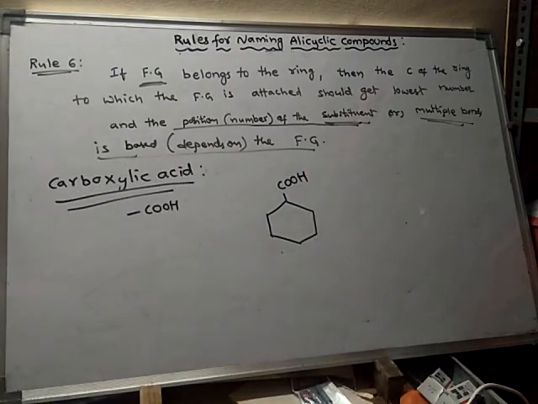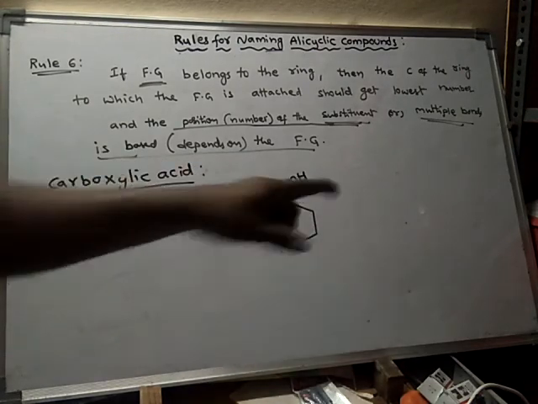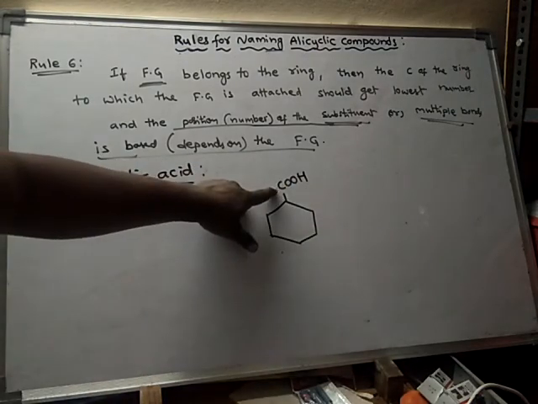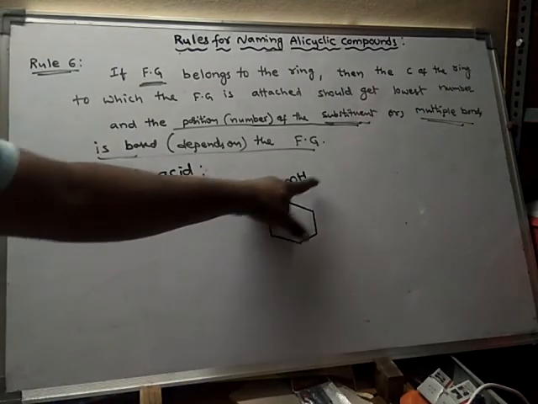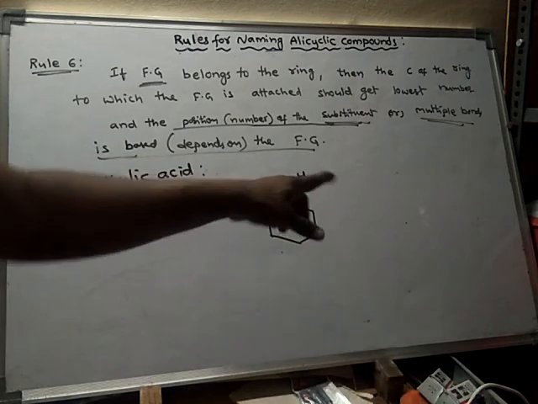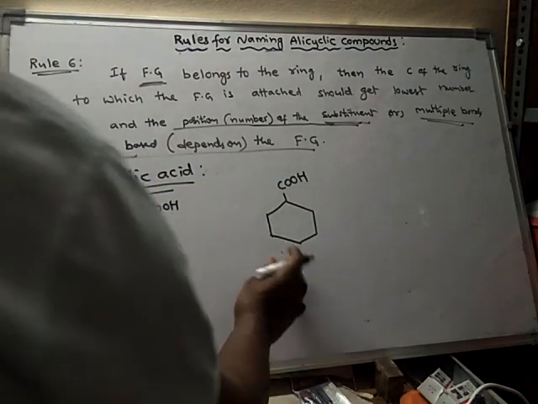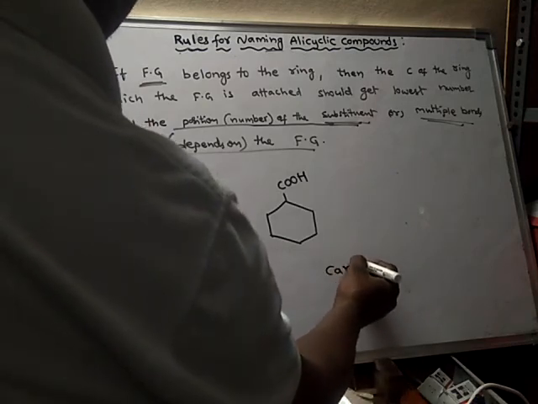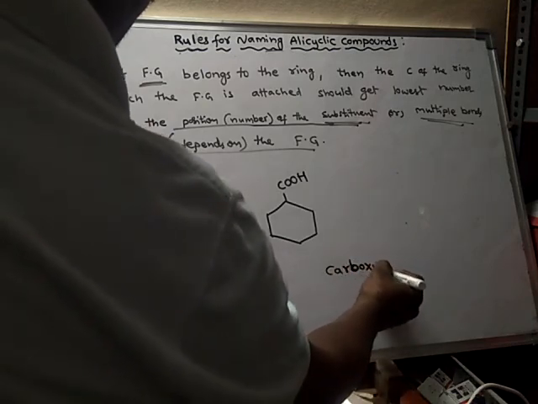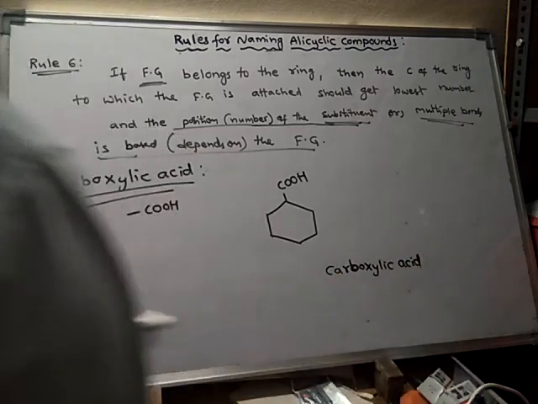COOH. See, this carbon of the functional group is not part of the ring. Hence the name of the secondary suffix will be carboxylic acid. It is written as carboxylic acid.